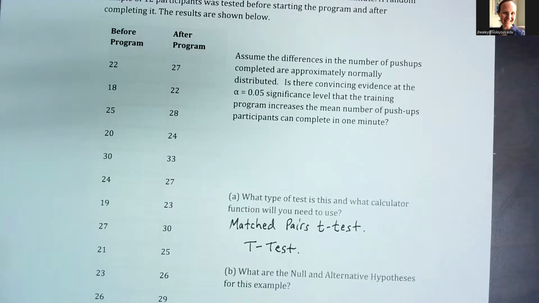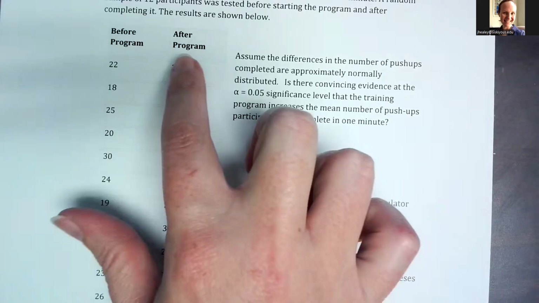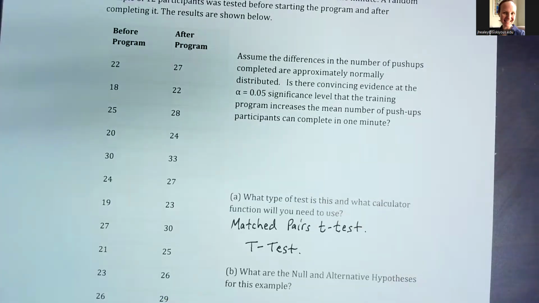And then I'm going to go ahead and enter all the after numbers in for L2. So we have 27, 22, 28, 24, 33, 27, 23, 30, 25, 26, 29, and 24.